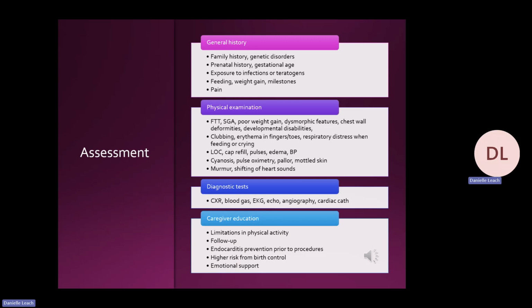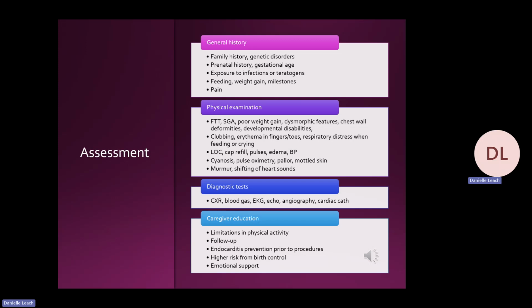We can ask about prenatal history and gestational age. There are a couple of disorders we're going to talk about that affect premature infants. Also any exposure to infections or teratogens during the pregnancy, any problems with feeding, weight gain, or milestones, and any pain.